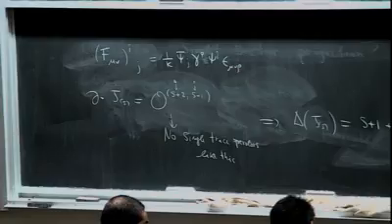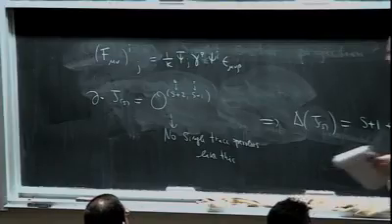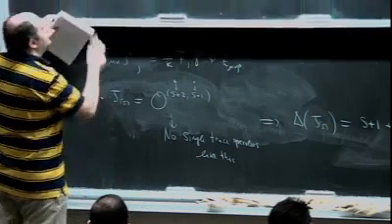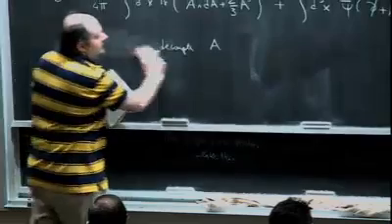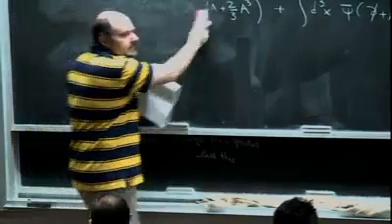Questions? Okay, so now we leave the CFT for a while, and we go to the bulk and try to describe equations of motion for higher spin fields in AdS.